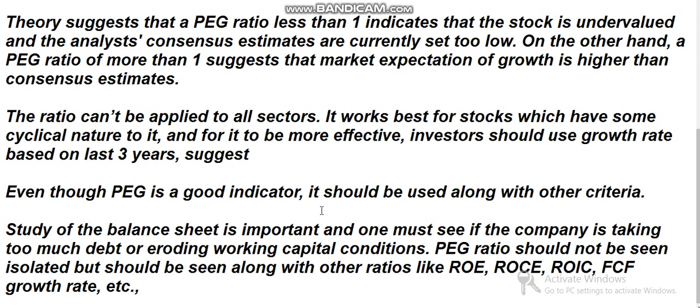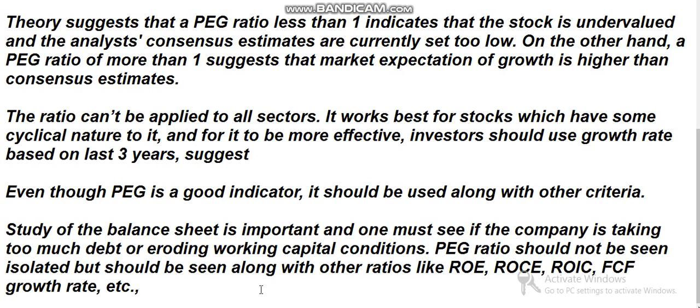Even though PEG is a good indicator, it should be used along with other criteria. PEG is a good indicator while choosing stocks, but we have to use other parameters also. Study of the balance sheet is important, and one must see whether the company is taking too much debt and eroding working capital conditions. The PEG ratio should not be seen in isolation, but along with other ratios like ROE, ROCE, ROIC, FCF and growth rate.